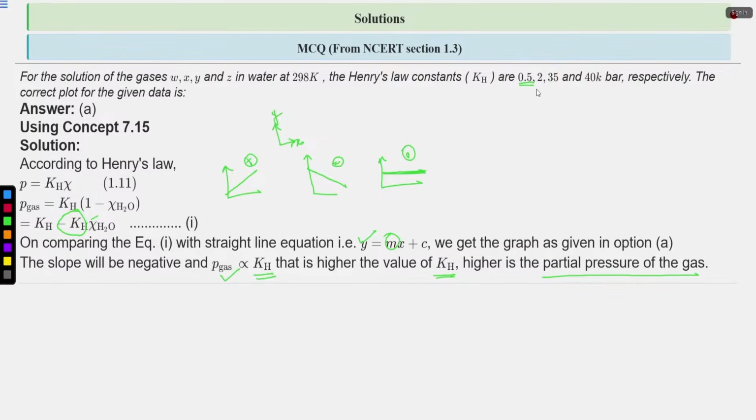And the highest KH value is 40, which is for Z gas, right? So with 40 as the highest KH value, minus 40 will be the slope, and then you can determine which graph will represent the Z gas. All these values satisfy our option A, and that's why the correct answer will be the option A graph.